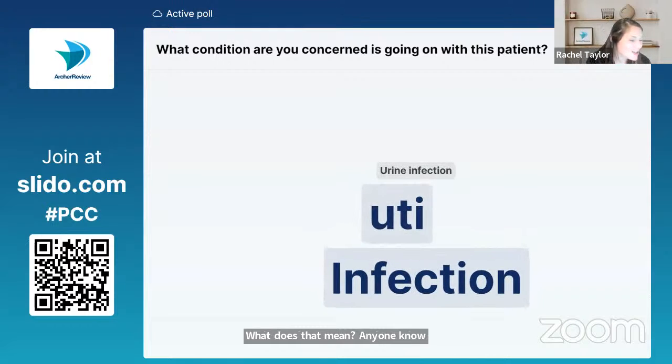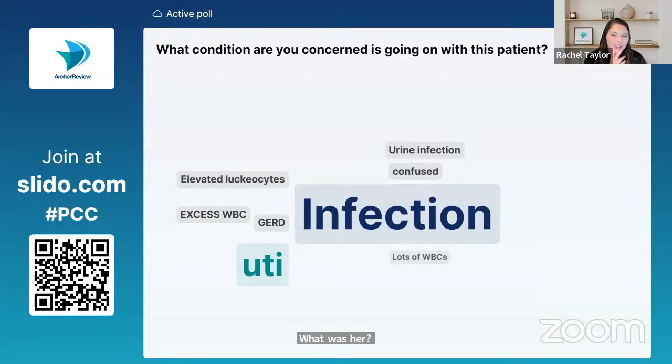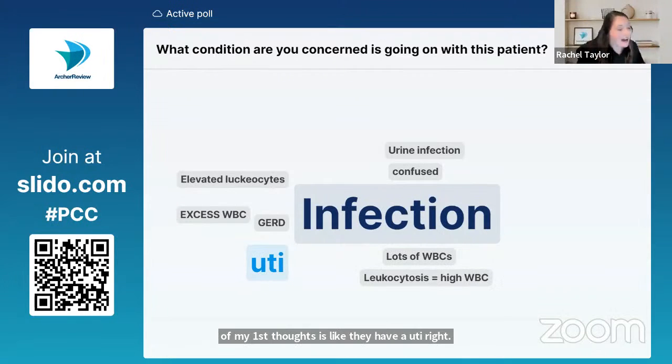Someone is saying UTI. Lots of you are saying UTI. Was there anything that gave it away? What was one of her early symptoms? Confusion, right? When I see confusion in the elderly, one of my first thoughts is, do they have a UTI? Because I see it all the time.